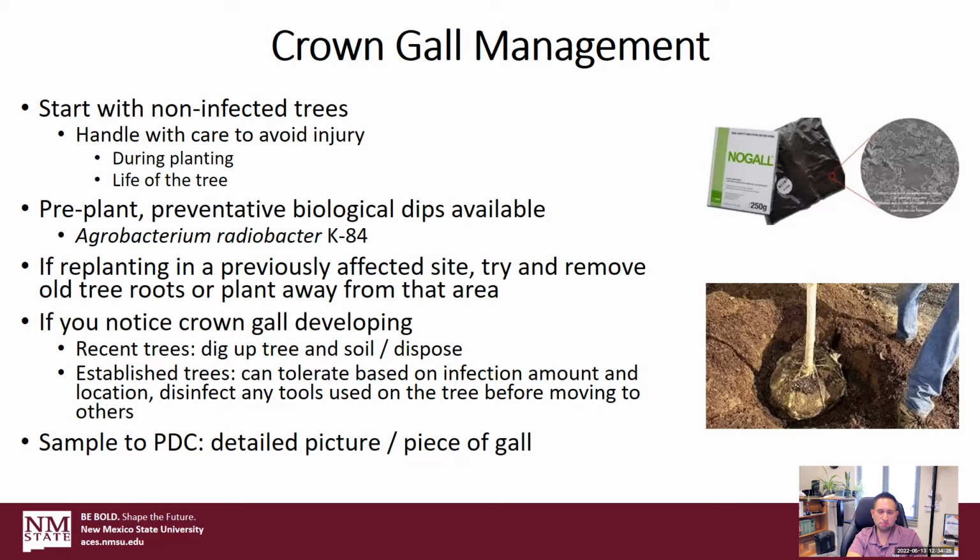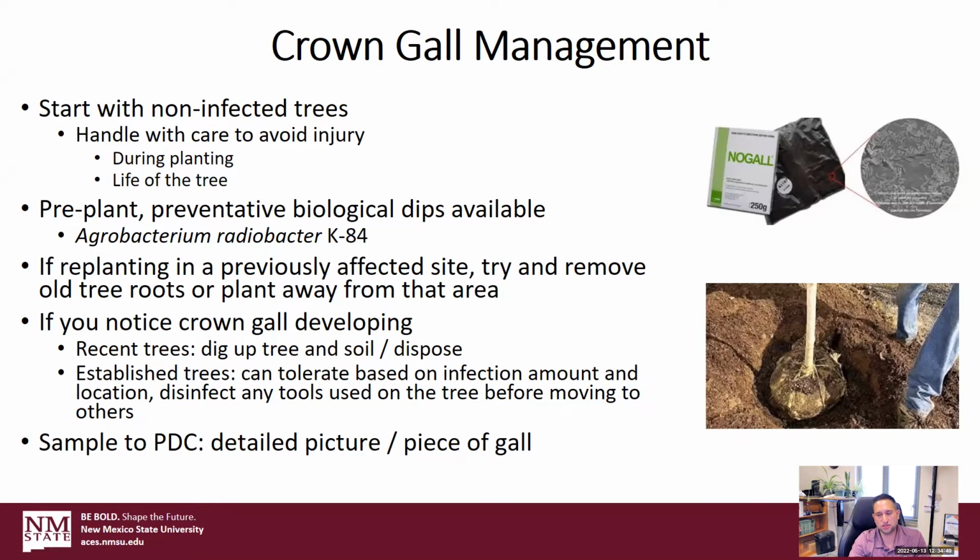There are some pre-plant biological dips available. This is an Agrobacterium radiobacter. So even though it has the same genus name, the species is different, and this is a good guy, a good bacteria.